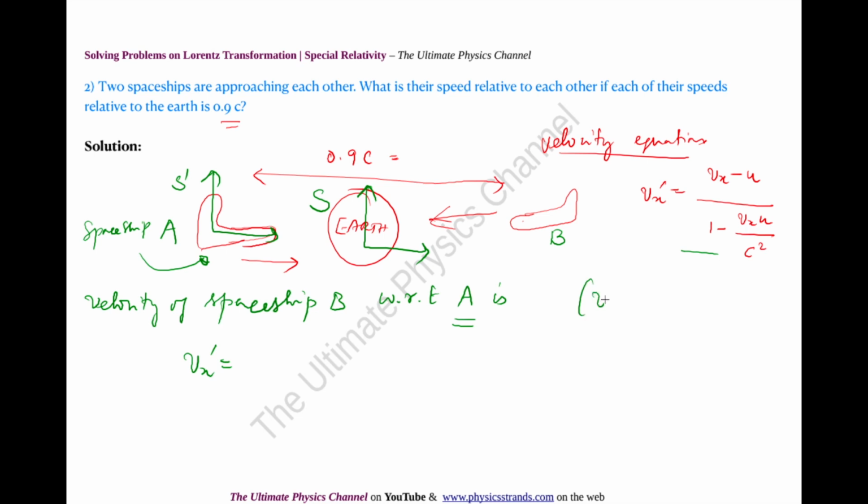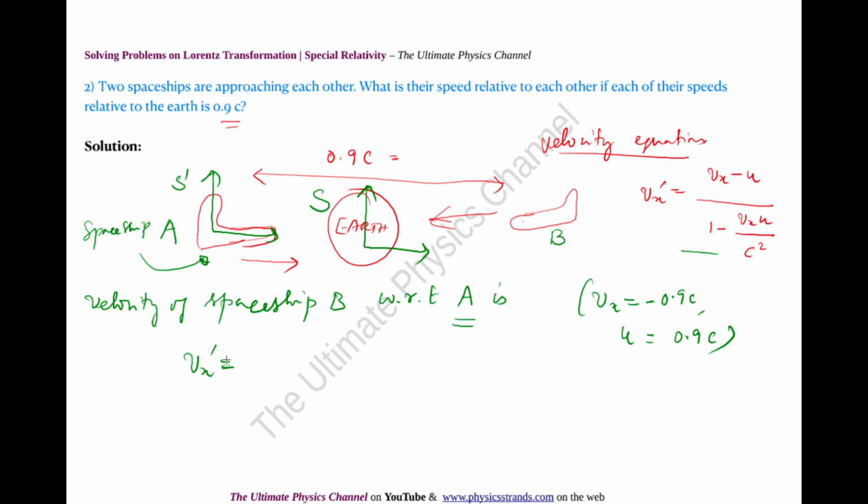Vx, which is the velocity of the spaceship with respect to Earth, is given as 0.9 c. Since these two are coming in opposite directions, we have to take this as negative 0.9 c. And the relative velocity u between the two frames, S and S prime, is again 0.9 c. If one is negative, the other is positive.